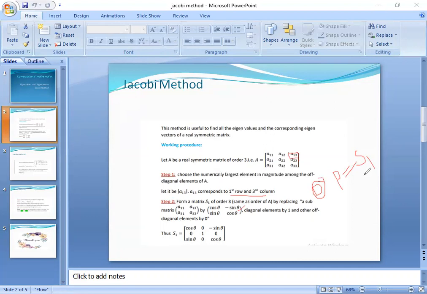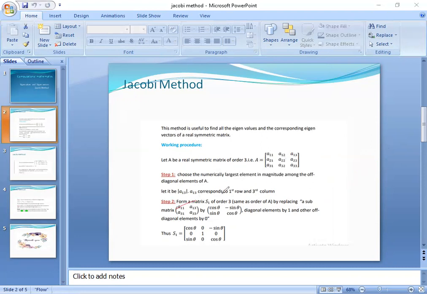So let us see how to form this matrix S1. S1 is a matrix of order 3, since A is of order 3, and then we write the elements of S1 as follows.